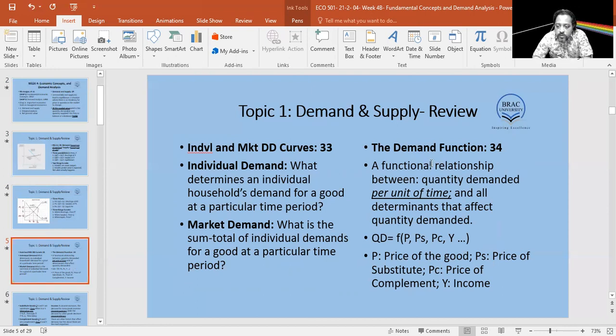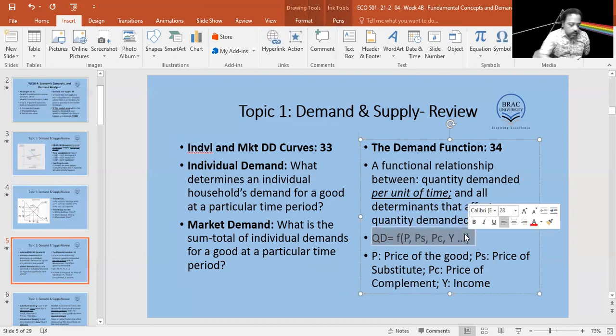Now, on page 34, we see a functional relationship, which we have already discussed in part 2 this week. Quantity demanded is a function of price. Here we see an extension of that function. We see quantity demanded is not only a function of price, it's a function of 3 other variables. PS, a substitute good, which influences the demand for the original good.